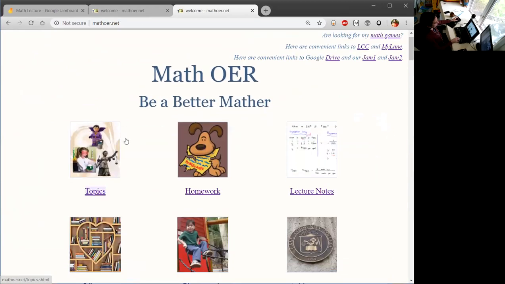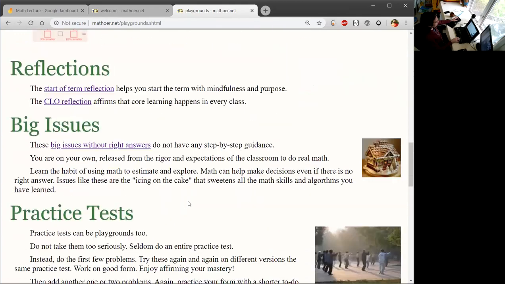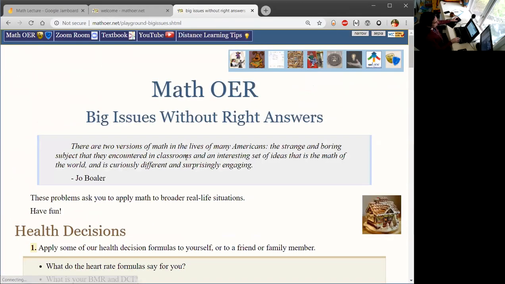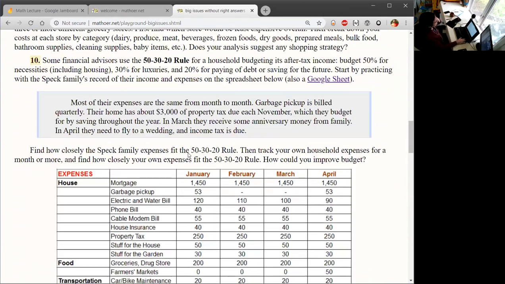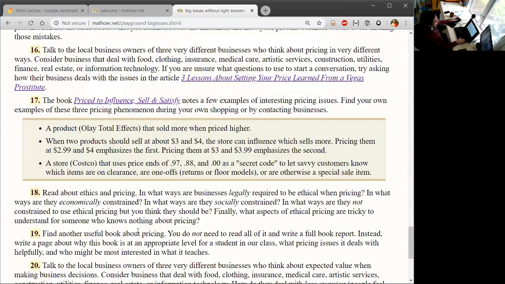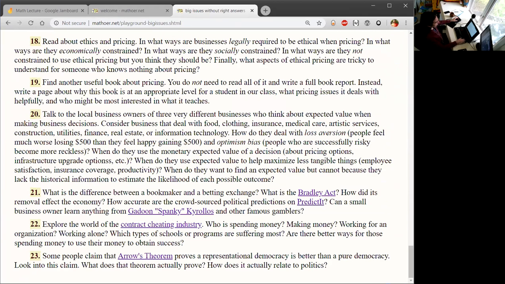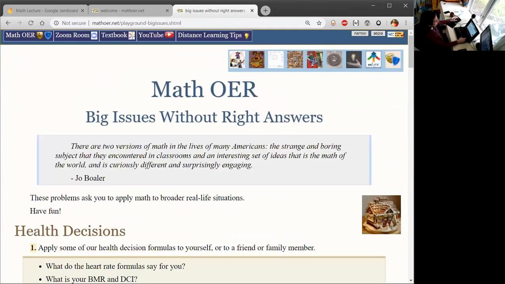So when we go to the playgrounds again, one of the most important ones is the big issues without right answers. So this page is long. There's 23 different problems. They are organized by Math 25 category, but they're not Math 25 problems. And they're all about real life things that aren't in your math textbooks. So if you do 2 of them, that's all we're really asking this term.